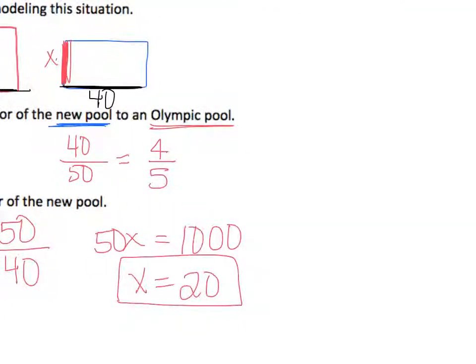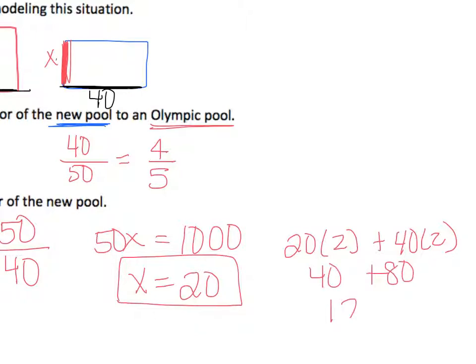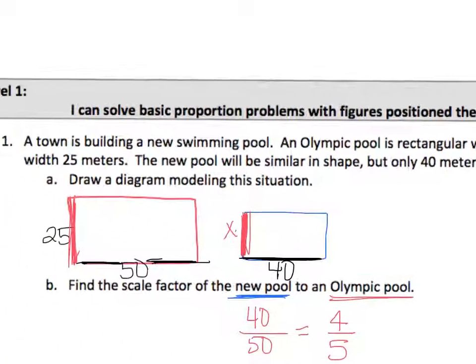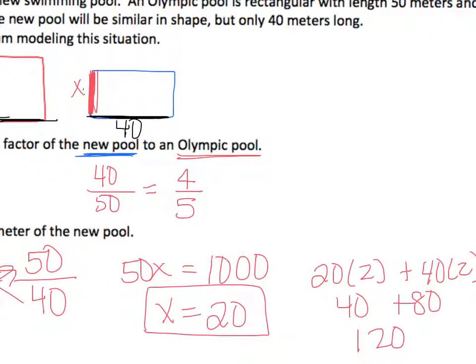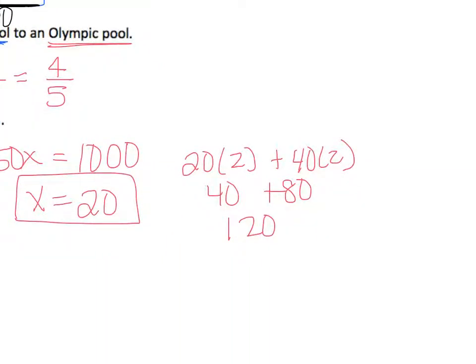And then to find the perimeter, I'm just going to take 20 times 2 plus 40 times 2. So this is 40 plus 80, so it's going to be 120. I think the units are meters. So 120 meters as your final answer.